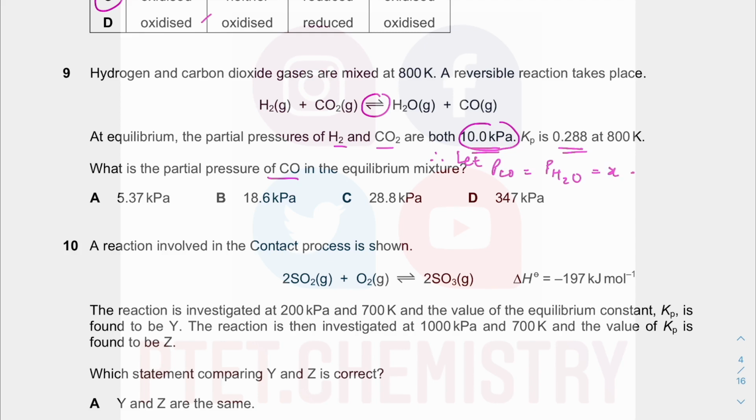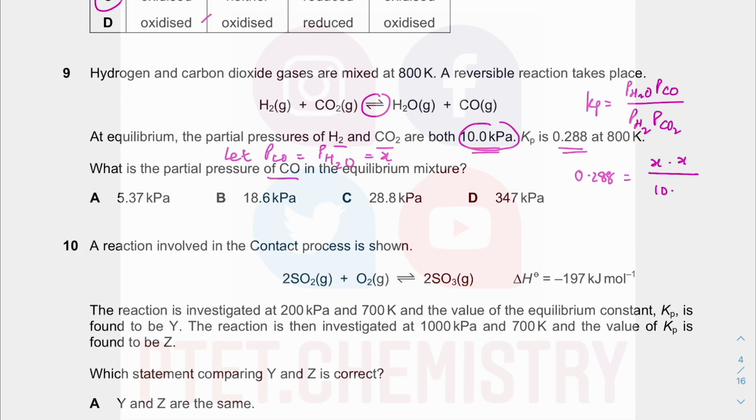So you will have Kp equal to PH2O times PCO over PH2 times PCO2. Kp is 0.288. PH2O is X times X divided by 10.0 times 10.0.